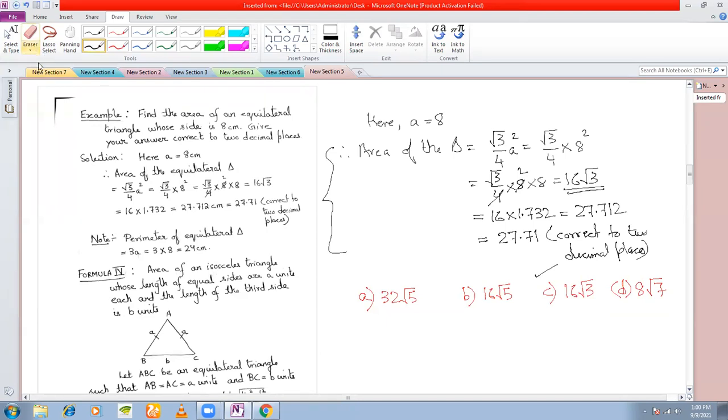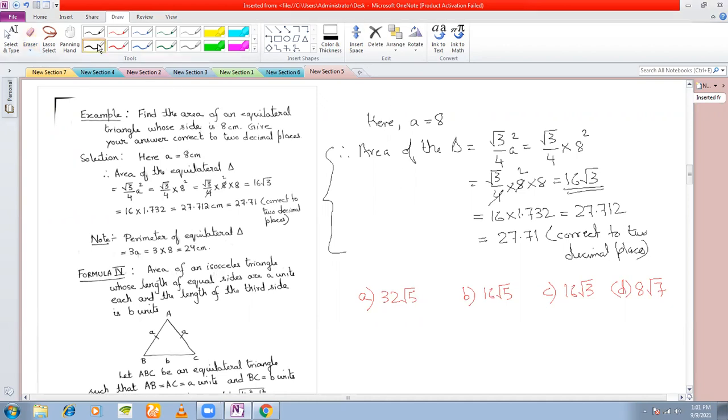You don't need to actually. You know why you don't need to? Can anyone tell me why you don't need to do it? Anyone? Yes, sir, because we know that 8 square we will get 16 because we are dividing it by 4.